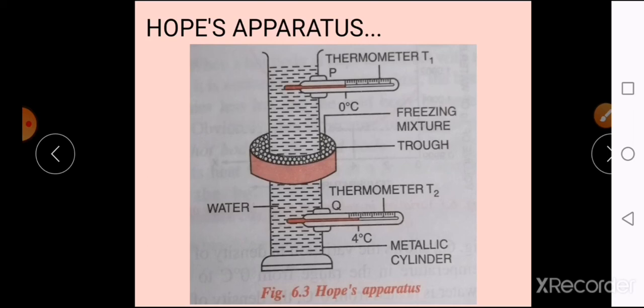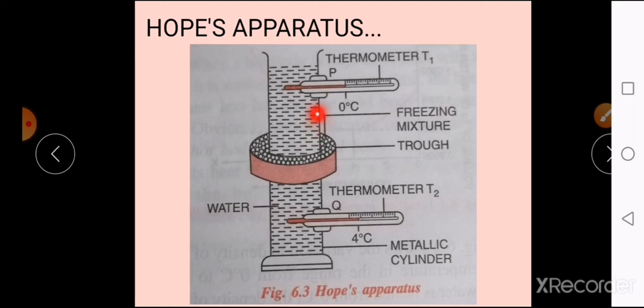Now due to the anomalous expansion, what is anomalous expansion? Below 4 degrees Celsius it is going to expand. Now it has already reached 4 degrees Celsius, and again as the time passes, what happens? The water near this will not contract now, it is going to expand due to anomalous expansion, and once it expands the density is going to decrease, and the less dense water here will move up, and the topmost water which is denser will come down, and this procedure will continue for a period of time.